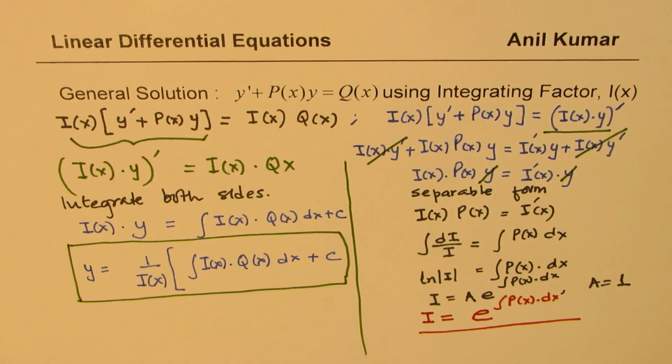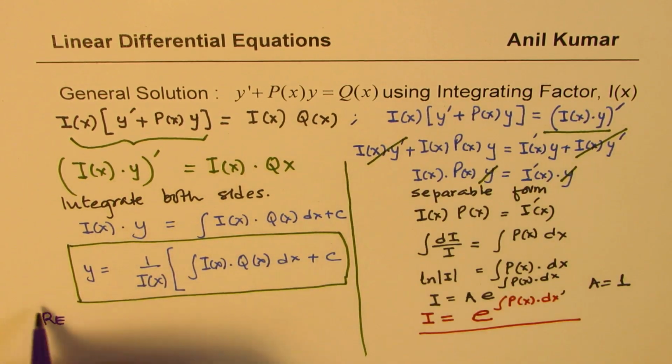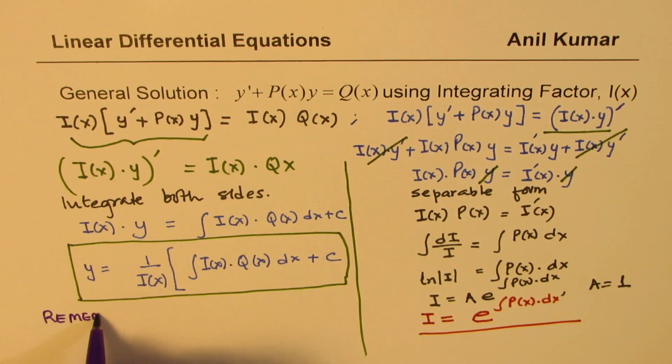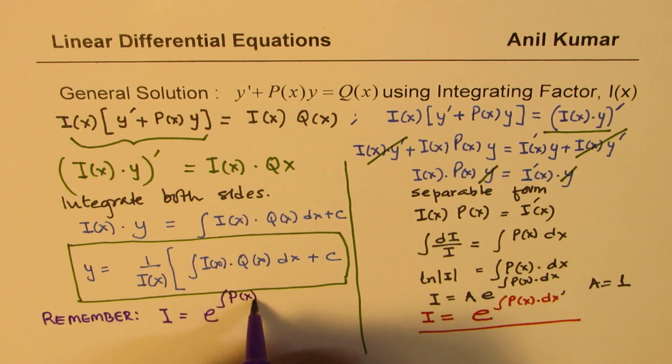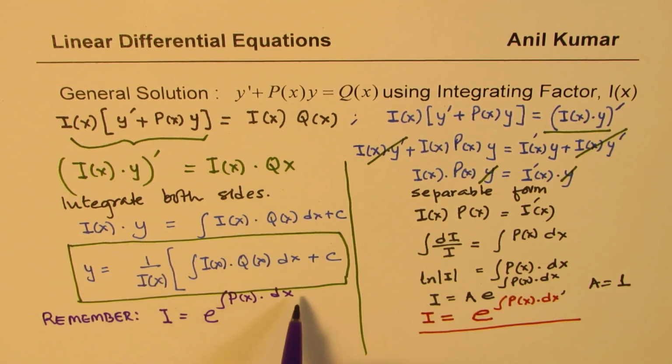Now, what you really need to remember to solve a linear differential equation is the integration factor. So what you need to remember is this, that the integration factor I is equal to e to the power of the integral of p of x dx, right?